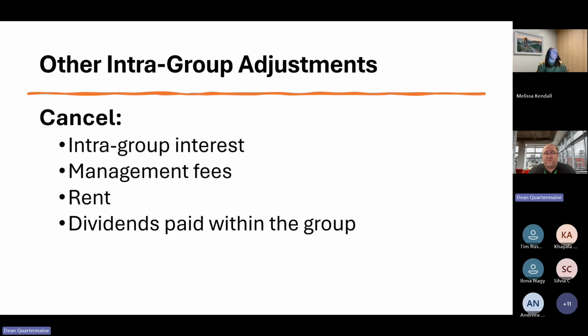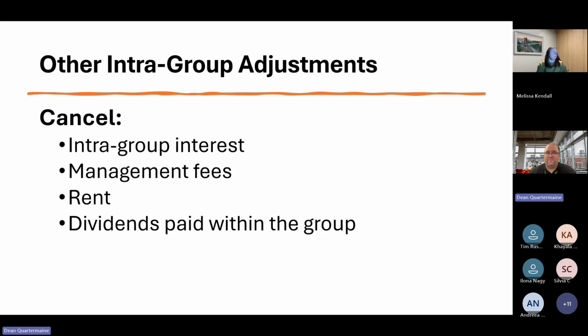Management fees. I've worked in a world where parent companies charge subsidiary companies management fees for shared services, for example. We're just going to strip that out again. Rent. If the parent company is renting an office to a subsidiary, then you're going to cancel that rent, because you're just charging yourself the rent.